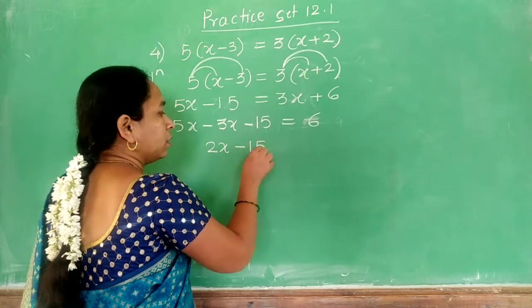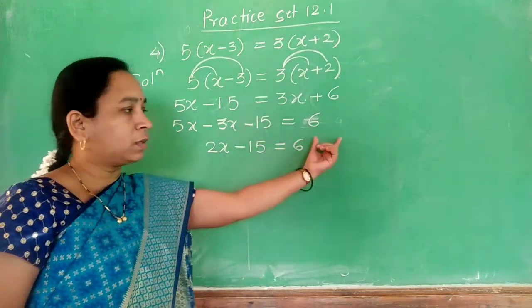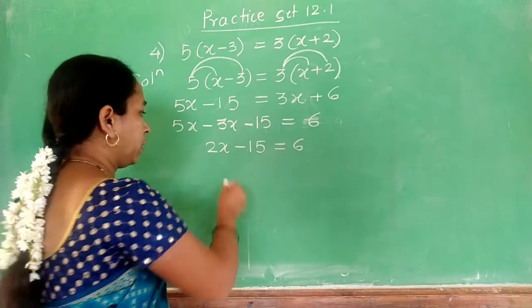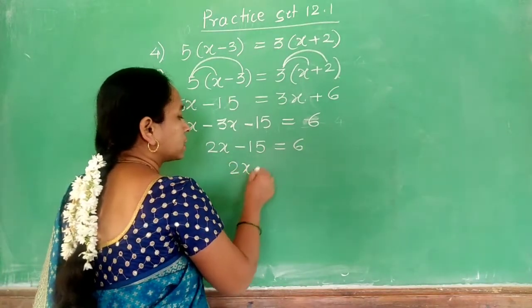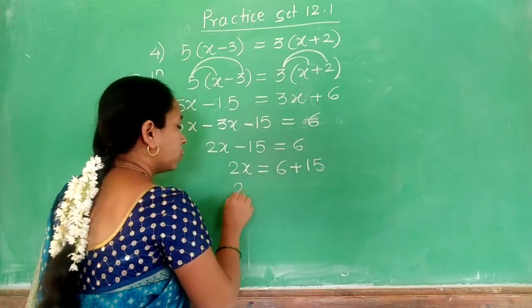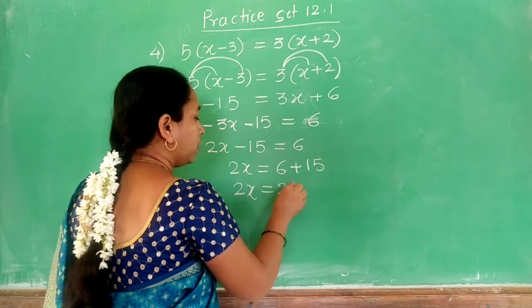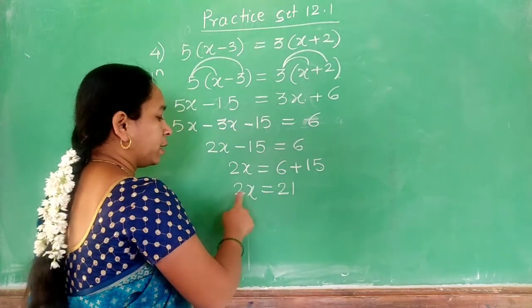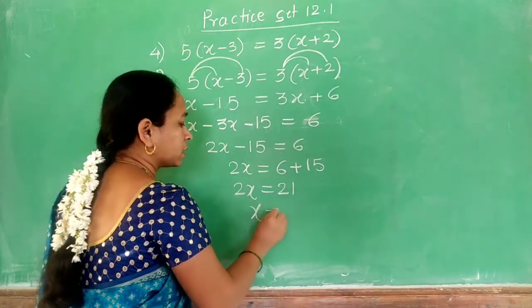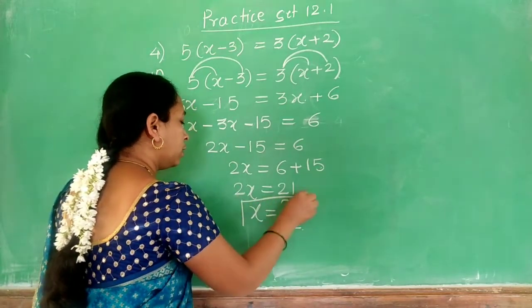Minus 15 is equal to 6. Minus 15 will go here as plus 15. So 2x is equal to 6 plus 15, and their addition would be 21. 2 is in multiplication, transfer it here, so x is equal to 21 upon 2. And this is our solution.